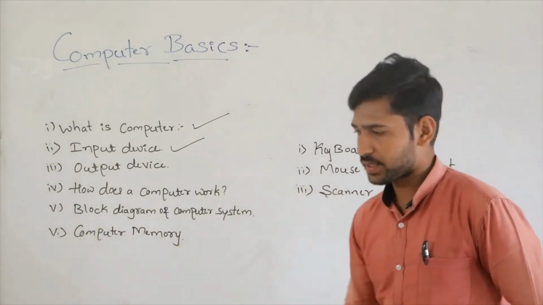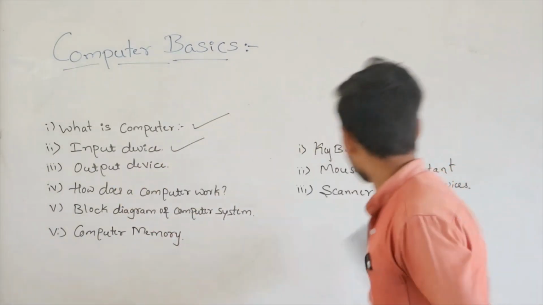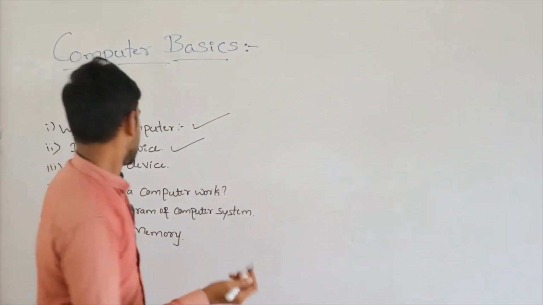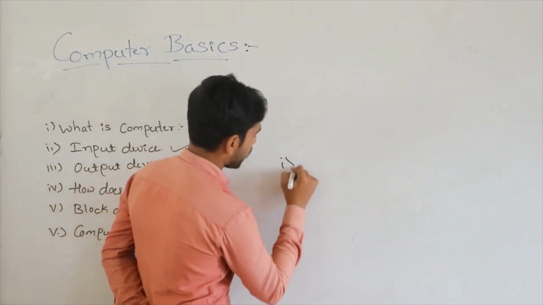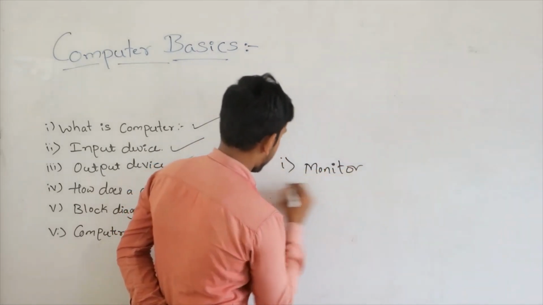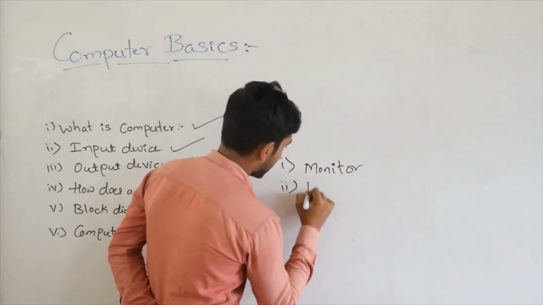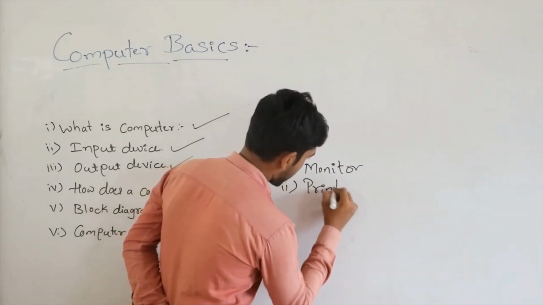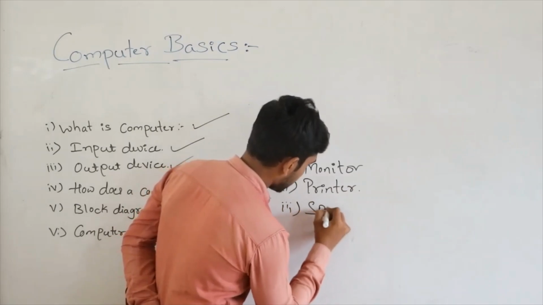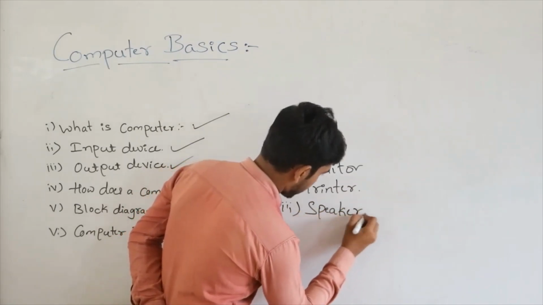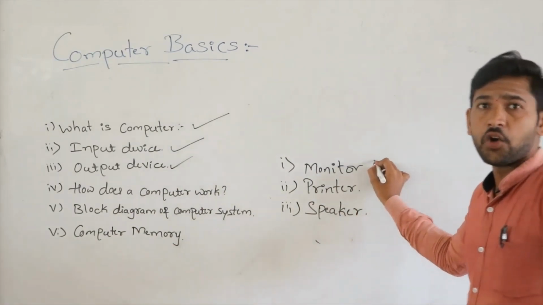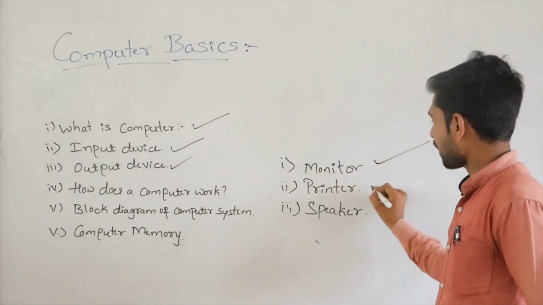Then output devices. You already saw output devices also. I already showed you in class. Output devices are monitor, printer and speaker, etc. The monitor displays the output result.